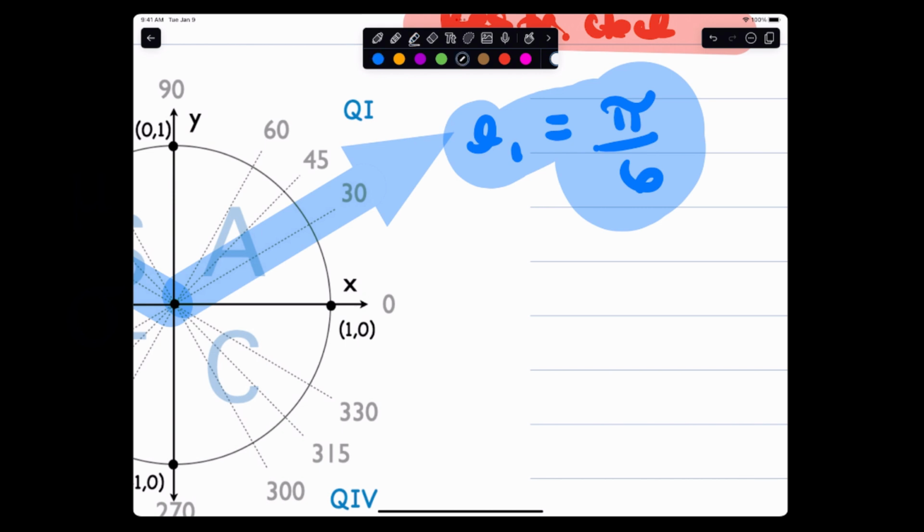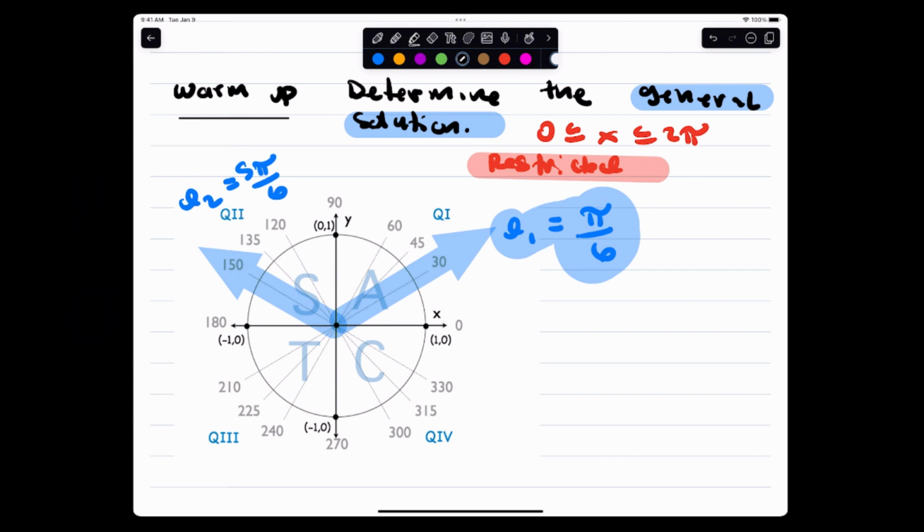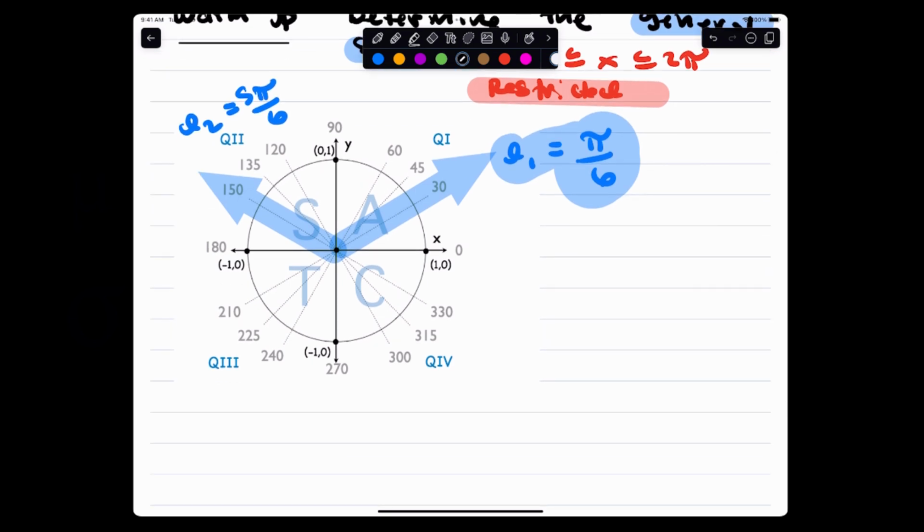Okay, so what do I mean by the general solution here? We want every coterminal solution, right? So all solutions that are coterminal. And what does coterminal mean? Well, they share the same what? Terminal point. That's the terminal point, okay?